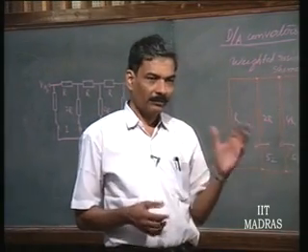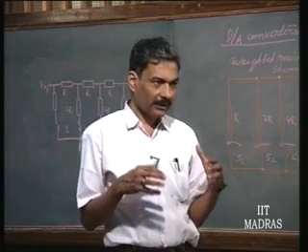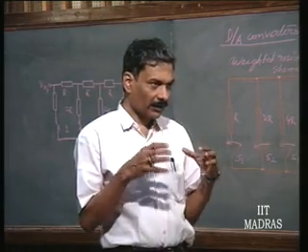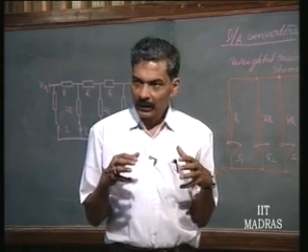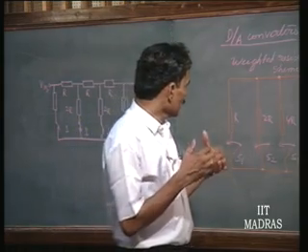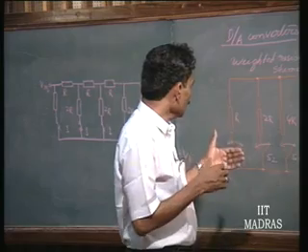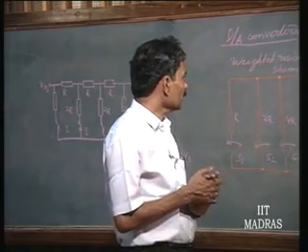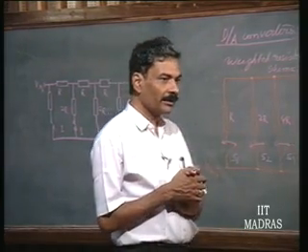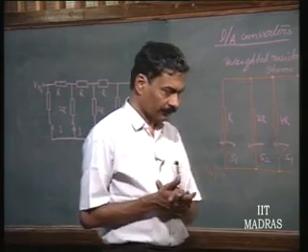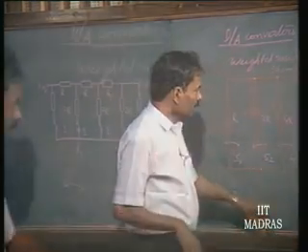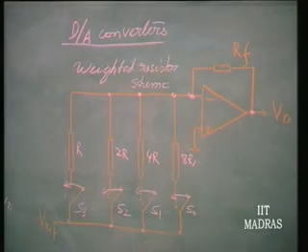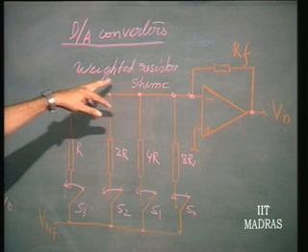Digital word is the input, and the switches controlled by the digital word are responsible for activating the circuit and giving you an analog output. So, let us see one of the important schemes of D to A converters. This is called the weighted resistor scheme.